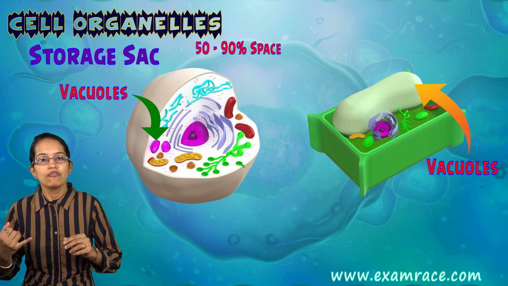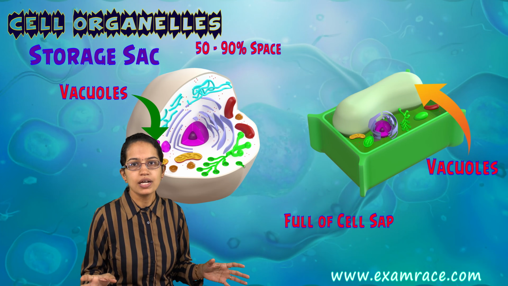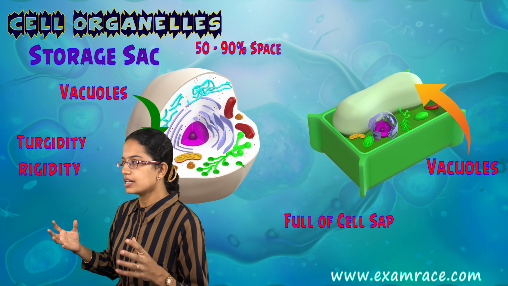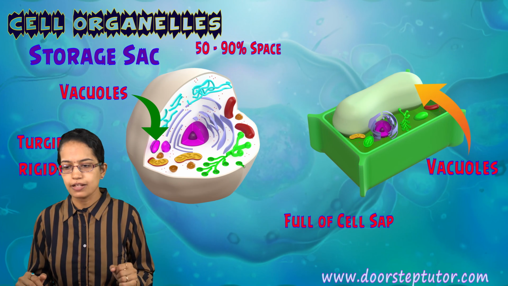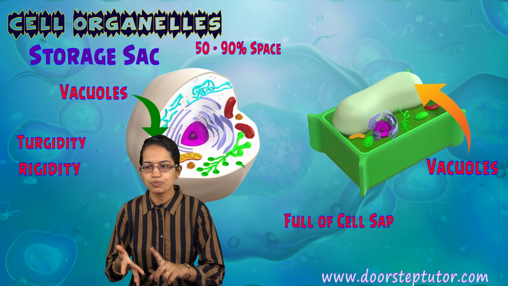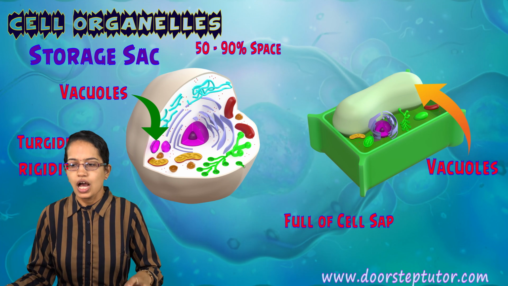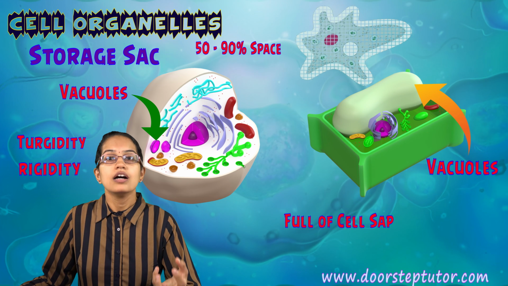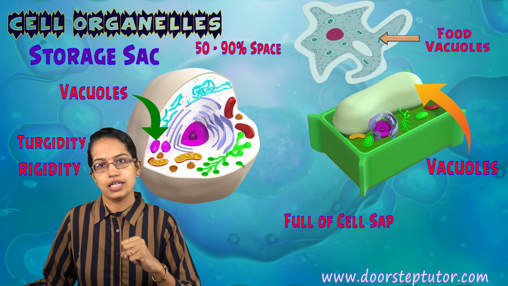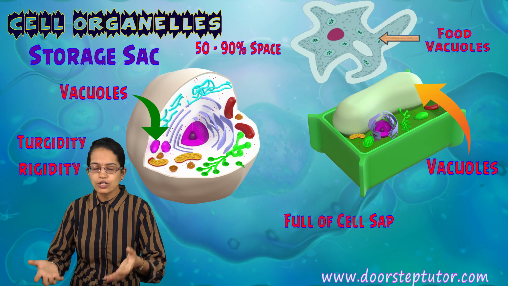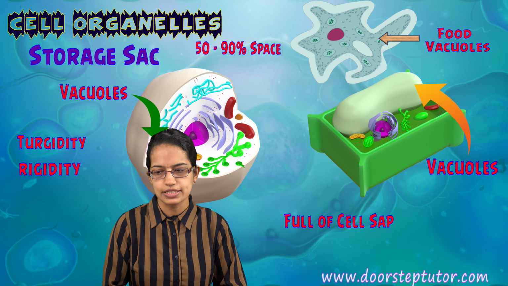The function: first, it is full of cell sap, so it is responsible for maintaining the turgidity and rigidity for the cell. The next is that various sugars, amino acids, proteins and organic compounds are present within the vacuole. In amoeba, there is a food vacuole, and through the process of endocytosis the food is taken in.